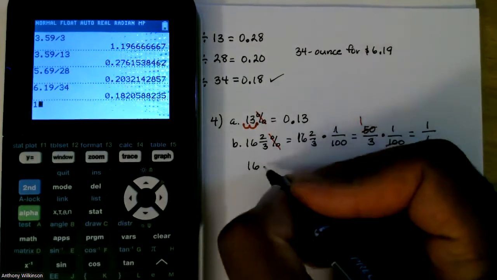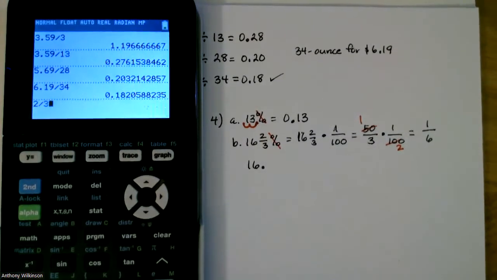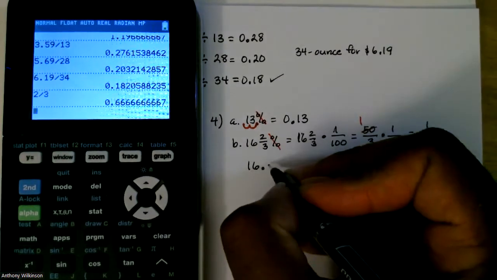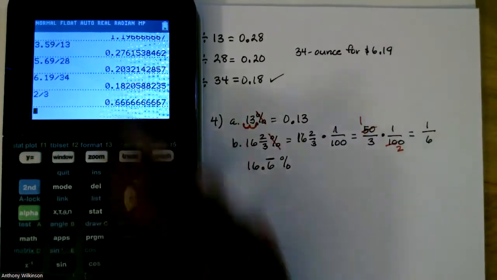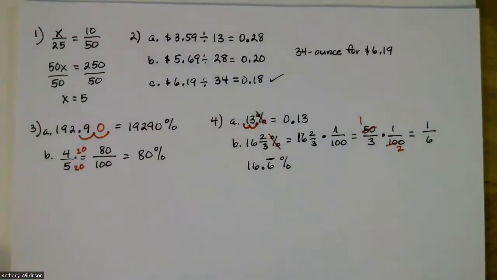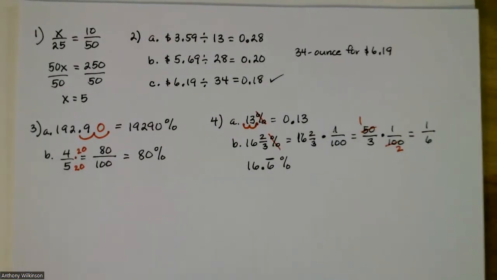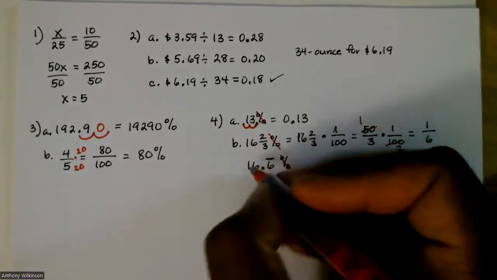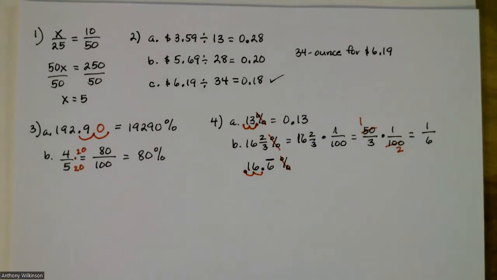Let's see, I'm going to bring the 16.2, let's see, 2 divided by 3. That's going to be 0.6 repeating percent, because as you can see, the 6's repeat. Now let's change this to a decimal by dropping the percent sign and moving that decimal point 2 places to the left.